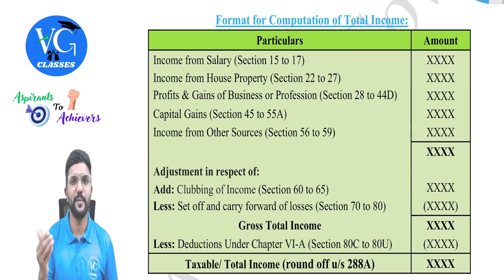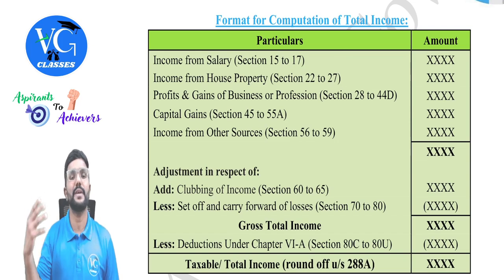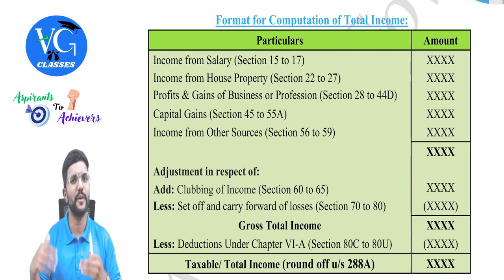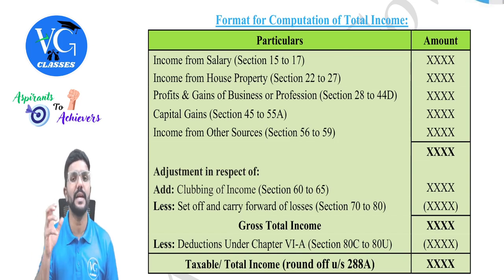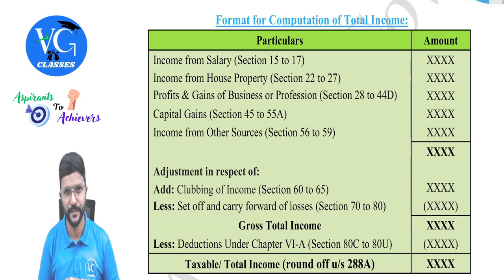If both are not possible in the current year because the assessee doesn't have income, then he can carry forward that loss for the next 8 years or 4 years or for an indefinite period, depending upon the nature of the loss. And once the assessee carries forward the loss, he can adjust it only within the same head in the subsequent years, guys. The option of adjusting against other heads of income is not there for carry forward loss.